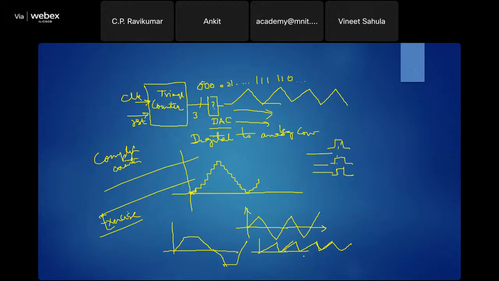It's a programmable counter so that you can program it to generate different waveforms. It can do triangle, it can do sawtooth. So try that as a small mini project.